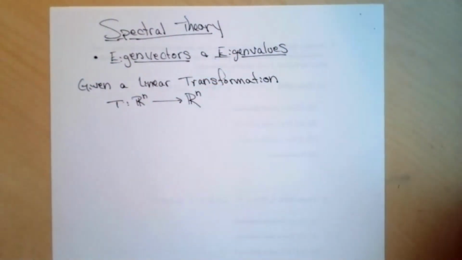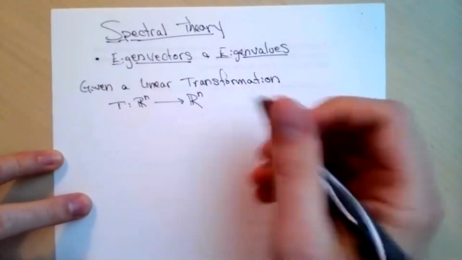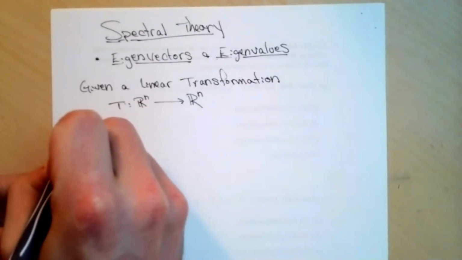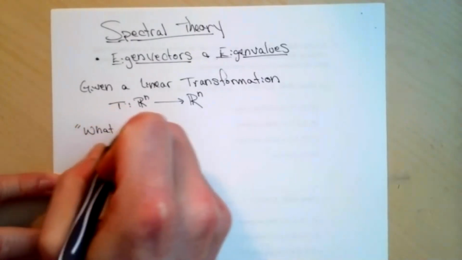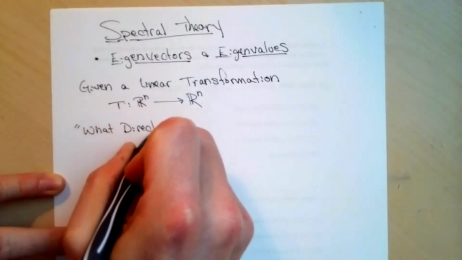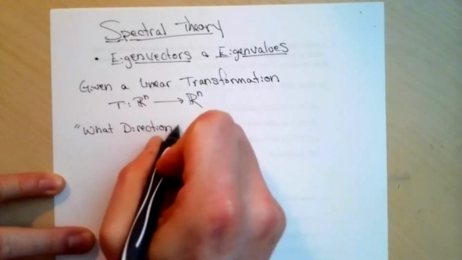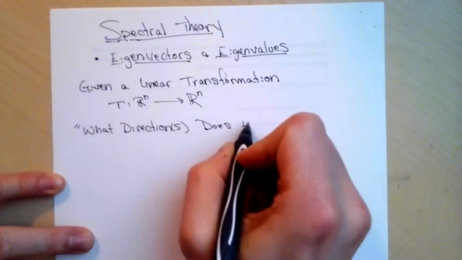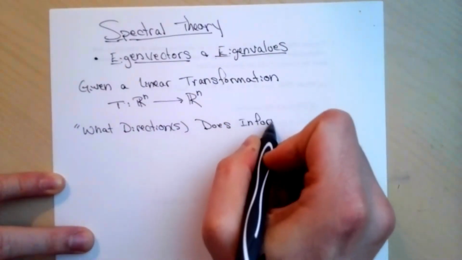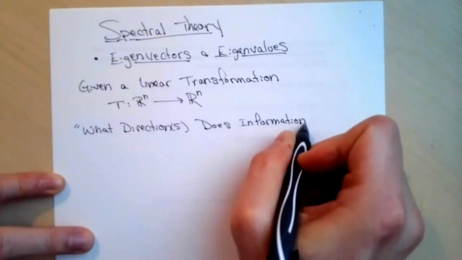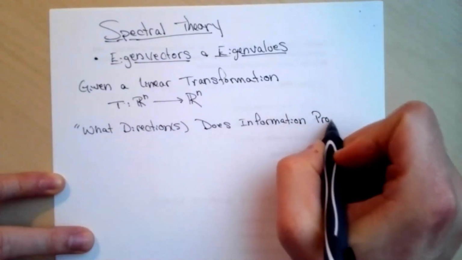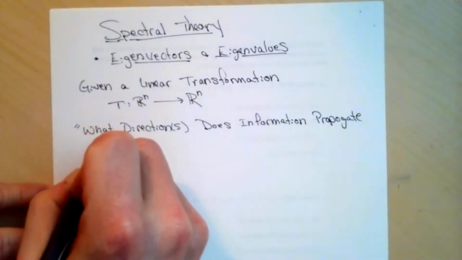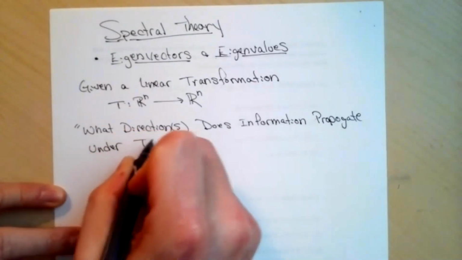So from Rn to Rn, one question we kind of want to ask is, I'll put it in quotes, what direction or what directions does information propagate under T?